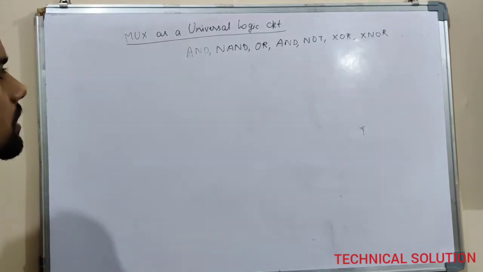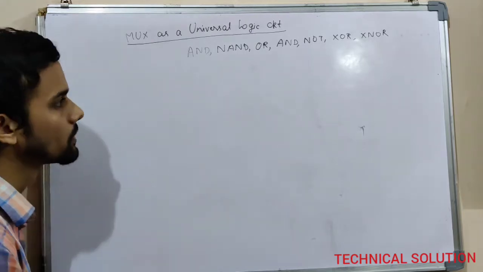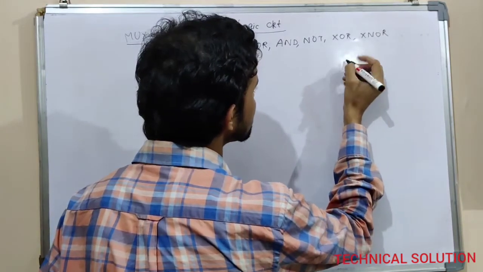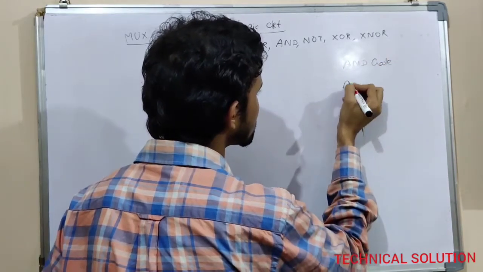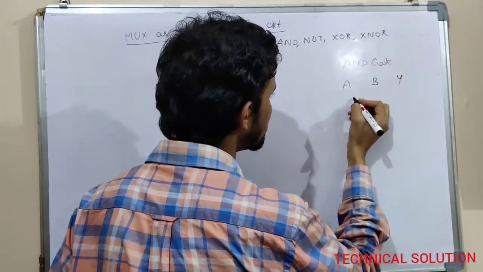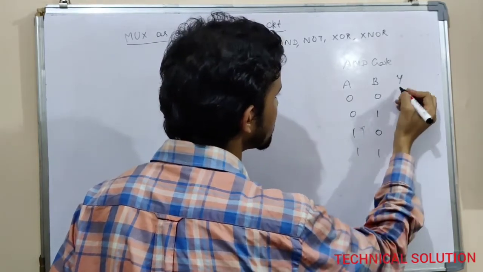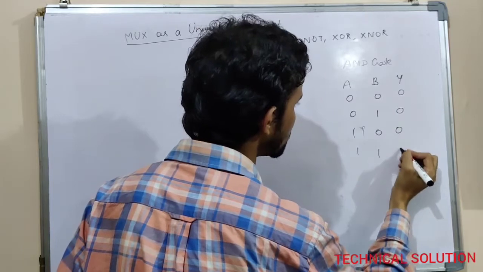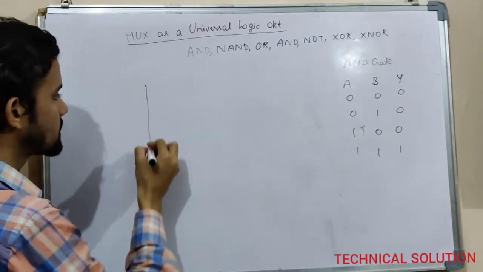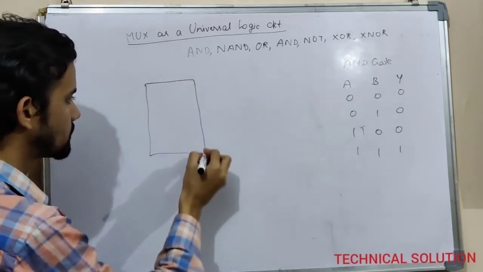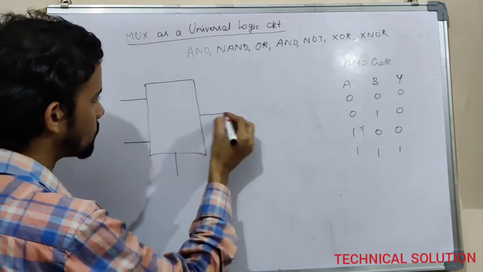So how to realize this AND gate using this multiplexer? The truth table of AND gate is A, B, Y, that is 0, 0, 0; 0, 1, 0; 1, 0, 0; and 1, 1, 1. We realize this AND gate using a 2x1 mux, that is 2 inputs and 1 output.